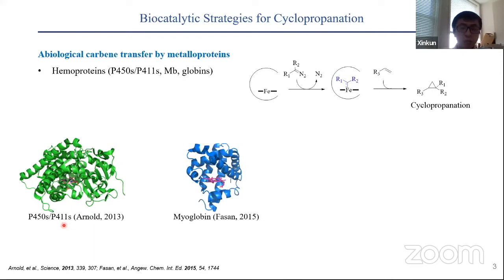pioneered by Arnold Group, as well as the myoglobin scaffold by our group, which was found to be a robust and versatile scaffold for carbene transfer reactions, and also other types of globin scaffolds.